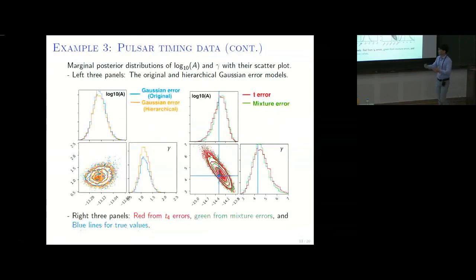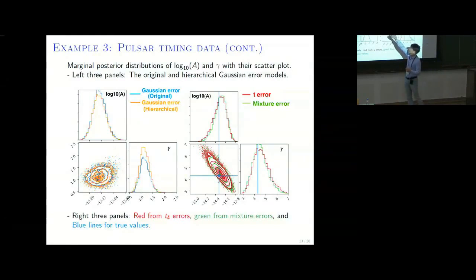We did some sampling using the previously existing model and our new models, checking several error assumptions. The three left panels show the result from the Gaussian error model, one from the original model based on marginal likelihood.